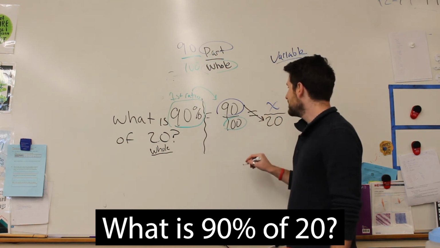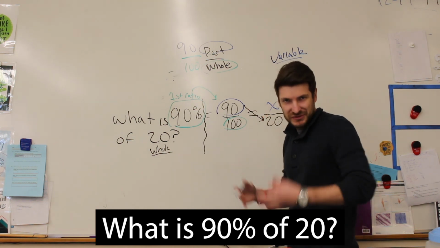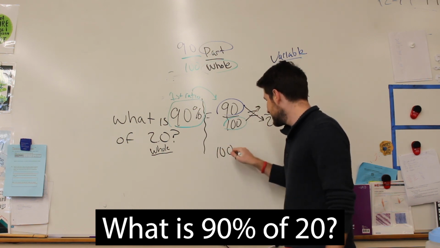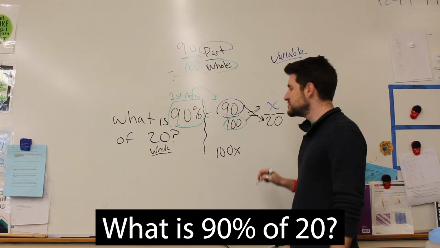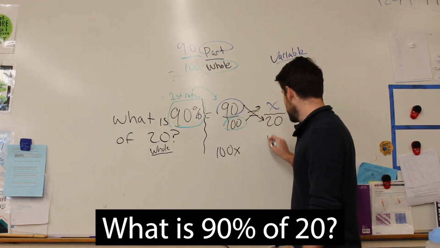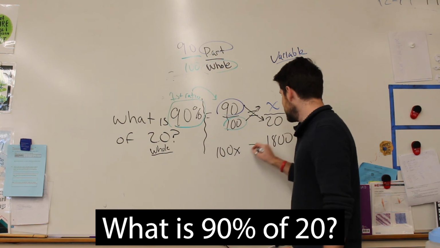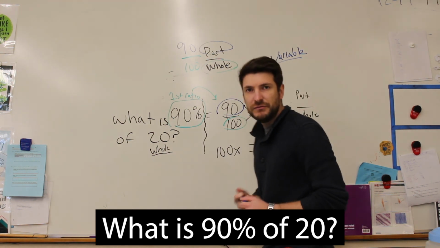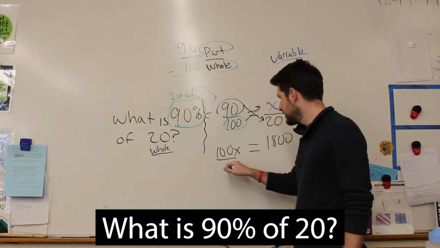Cross multiply. 100 times x, we just did that, is 100x. 90 times 20, oof, 1800. We set them equal to each other. Then all we have to do is divide.